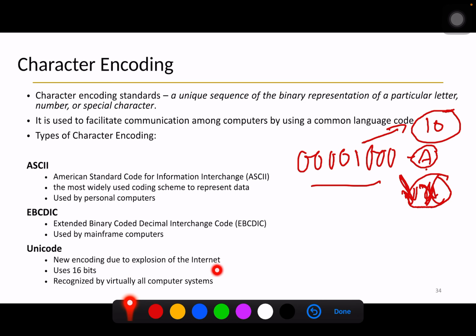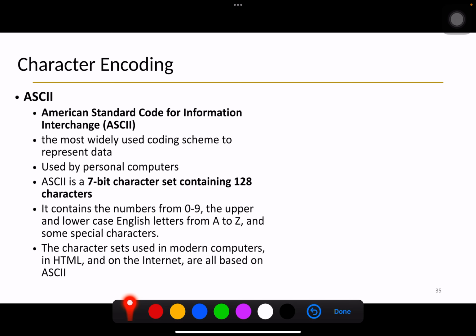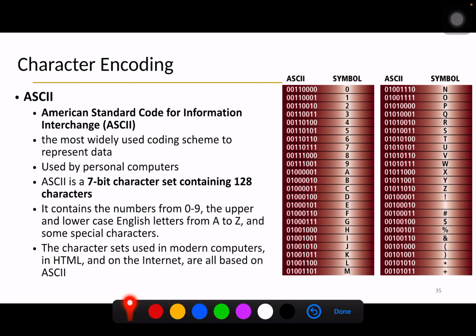When we use the internet, there are so many characters, so much data that needs to be represented by the computer. You can read this on your own. ASCII basically contains only 7-bit characters.